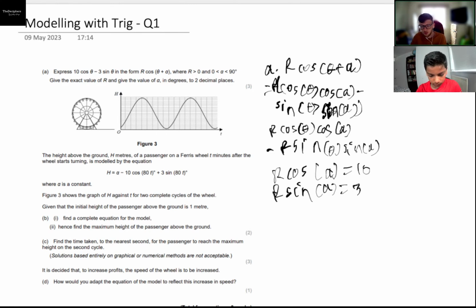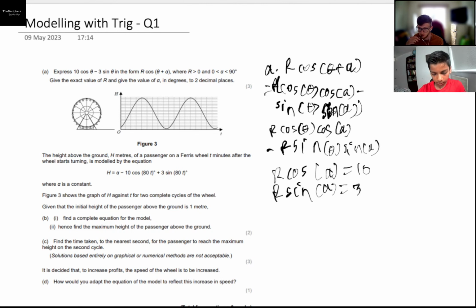Yeah, it's positive 3, which is why they're giving you cos theta plus alpha, because of the negative 3 sine theta in the original question. Okay, so now we get these simultaneous equations, and this is where we can apply a couple of little tricks to help us solve them.